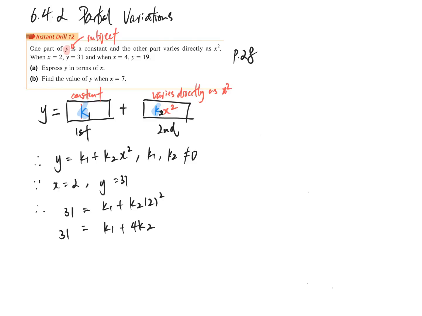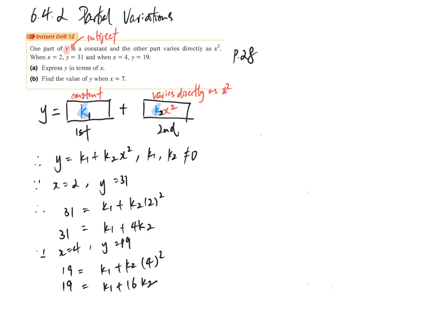And then the second part, because when x equals 4, y equals 19, we have 19 equals k1 plus k2 times 4 squared. So 19 equals k1 plus 16k2.